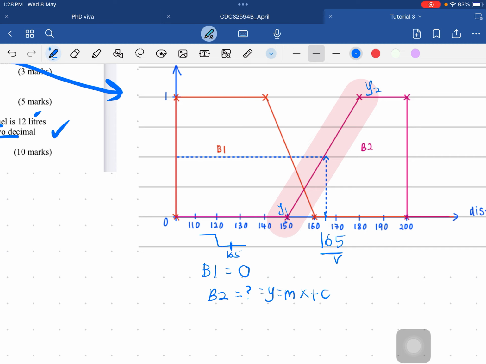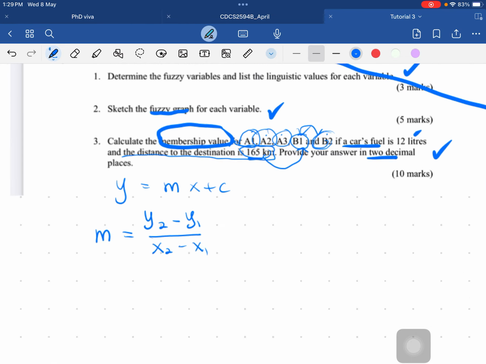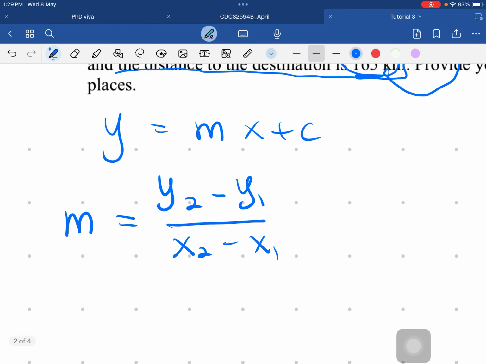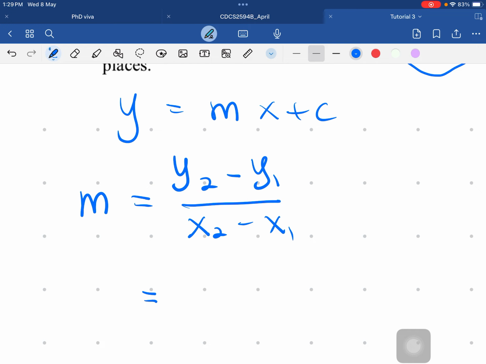What about x? x2 is equal to 160. Okay, x2 is equal to 160 and x1 is equal to 150.